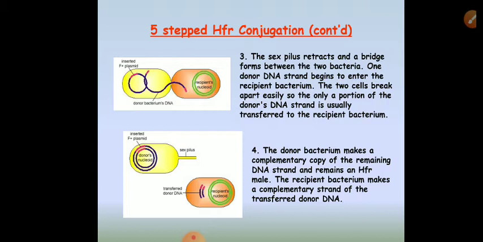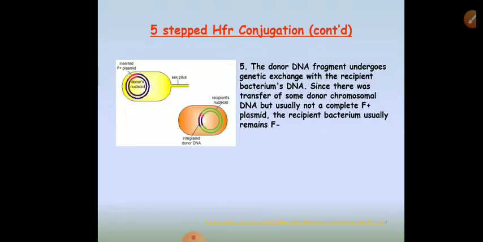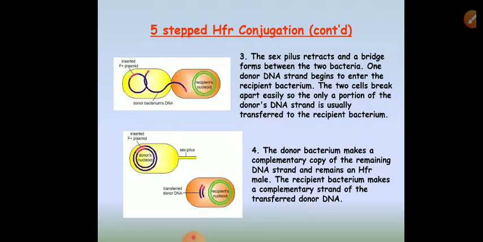What happens? Through the conjugation bridge, through the sex pili, the conjugation bridge retracts, and the two bacteria come closer. One strand of donor DNA goes to the recipient cell, but before the complete strand goes to the recipient, the conjugation bridge is dissolved and the donor and the recipient cell get separated.